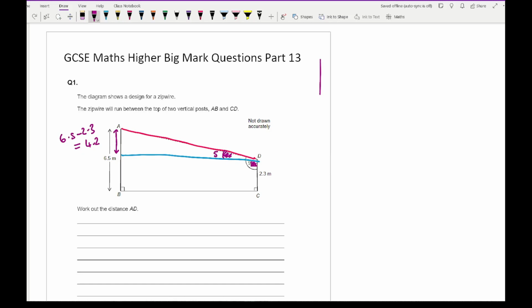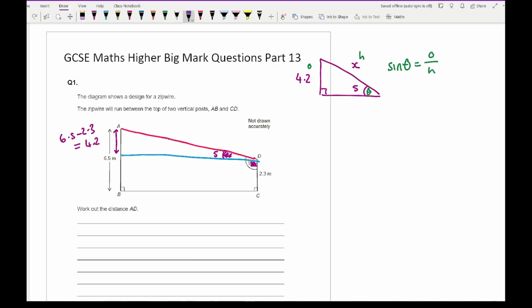Then if I take that triangle out, I've got this angle here of 5. This is a right angle triangle. This distance is 4.2, and this side here is x. So labelling the triangle using SOHCAHTOA trig, this is going to be h, that's going to be o, and that's going to be theta. So I'm going to be using sine theta equals o over h.